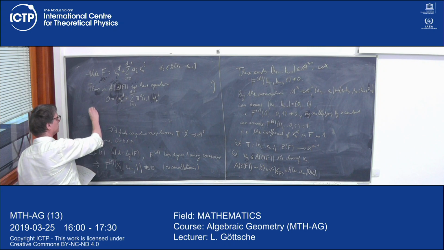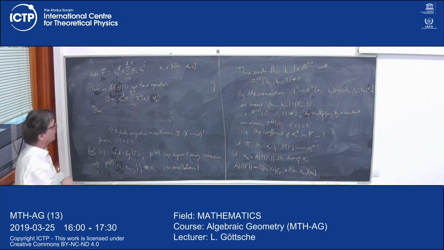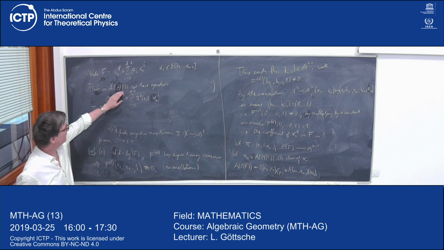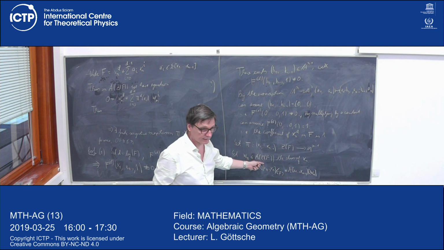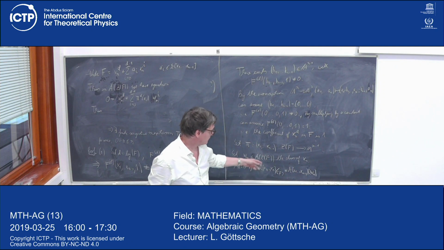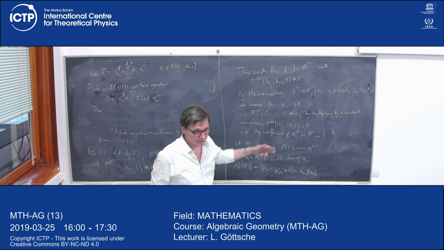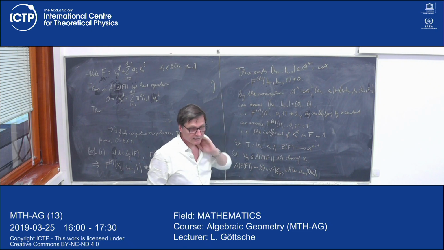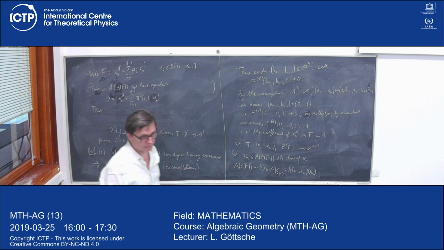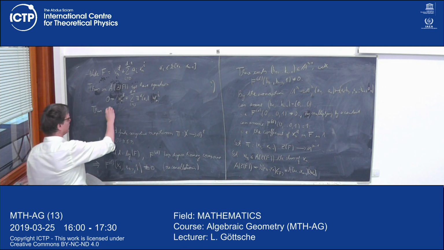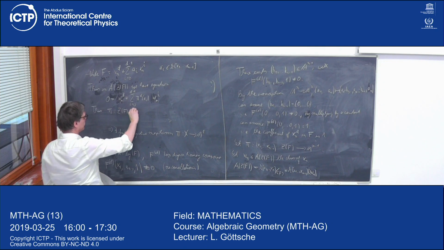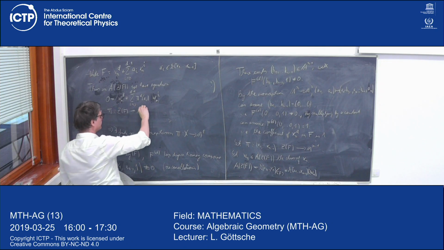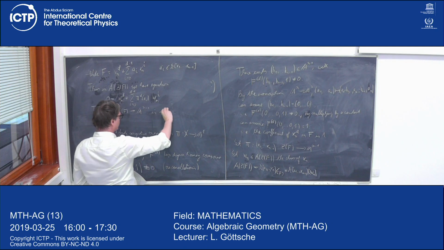So thus we see that A of Z(f) is obtained from the previous one by adding one element which satisfies a monic equation, and we had seen that this implies that this is a finite map. This was one of our lemmas. Thus, phi is finite.